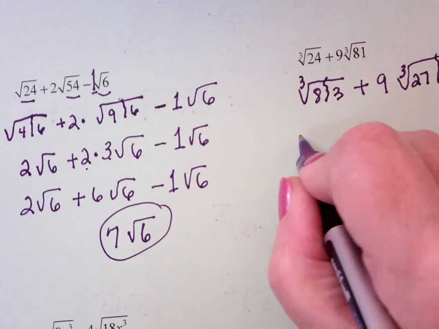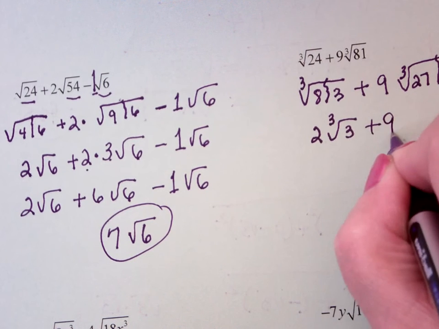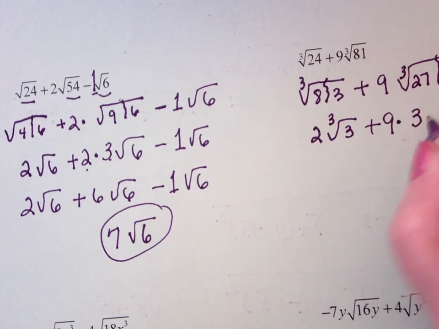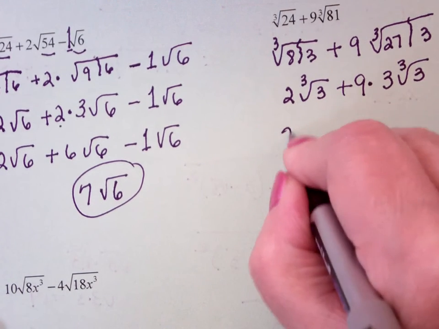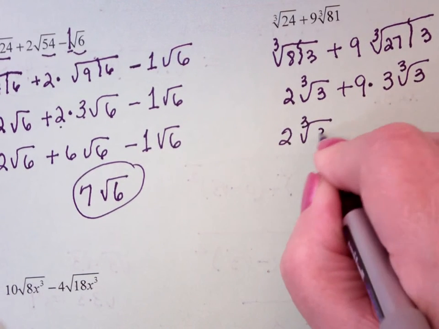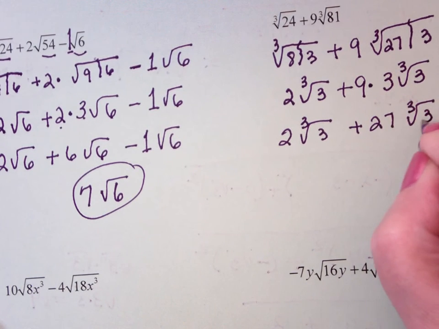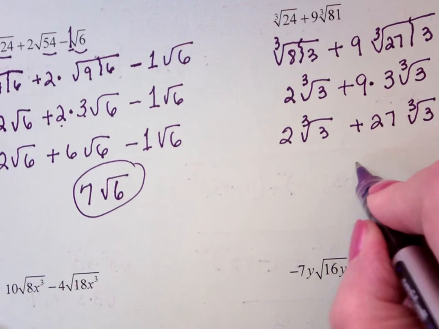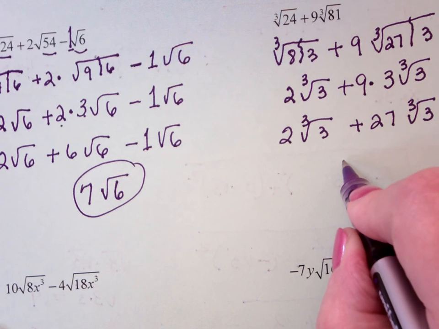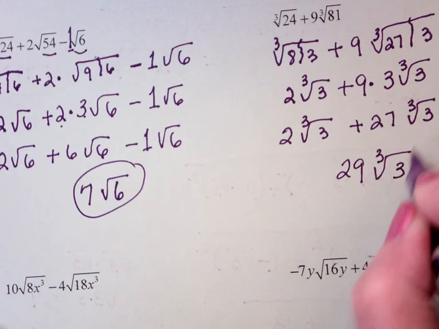So this then becomes 2 cube roots of 3 plus 9 times 3 cube roots of 3, which is 2 cube roots of 3 plus 27 cube roots of 3. 27 plus 2 is 29 cube roots of 3.